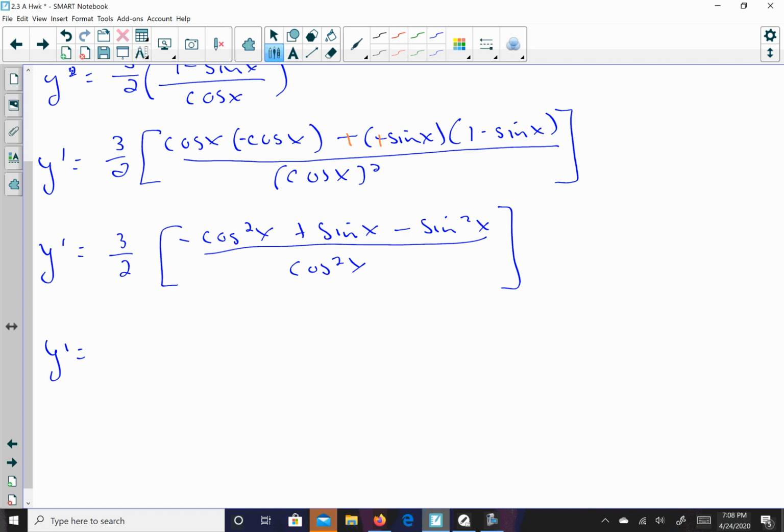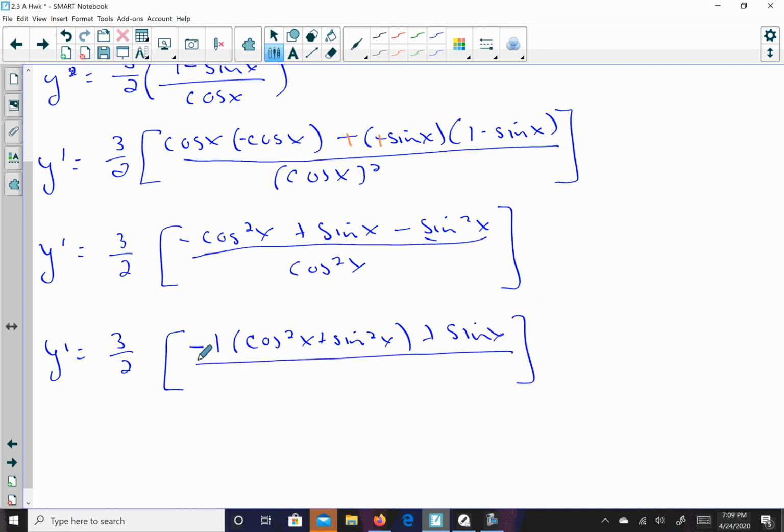Then, still leaving out that 3/2, think of it this way. Here, these two are both negative. So think of having a -1 times cosine squared x plus sine squared x. I just wrote those two next to each other. I'm only factoring out from those first two terms, and then I have the plus sine x here. And this is all over cosine squared x.